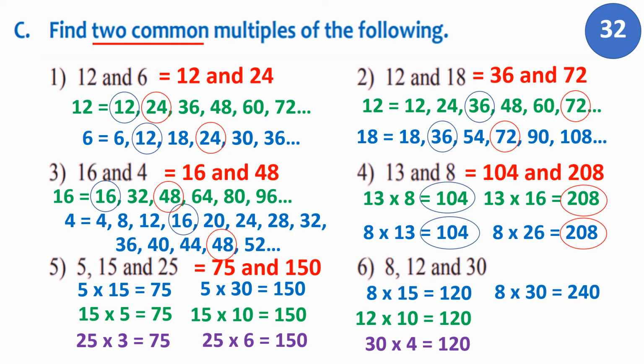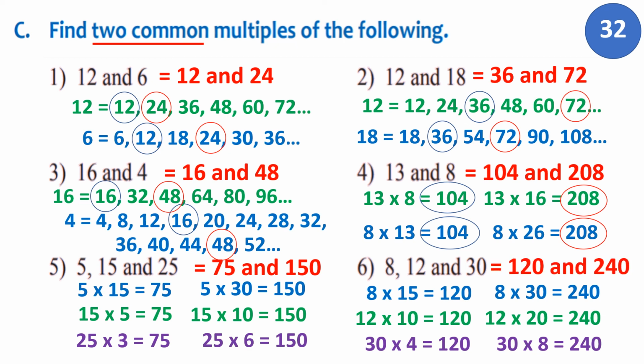The next number is 240. 8 times 30 is 240. 12 times 20 is 240. And the last, 30 times 8 is 240. Now your answer here is 120 and 240. Correct, students?